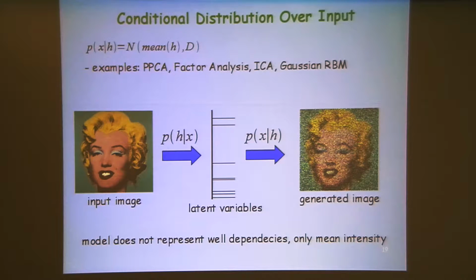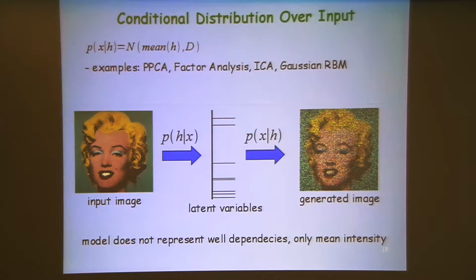Say that we have an input image, this Marilyn Monroe here. Let's use the posterior distribution over the latent variables to compute the representation of the model for this particular image. Now, if we use the conditional distribution over the input P of X given H to generate from this given set of latent variables, we may get an image that looks like this.